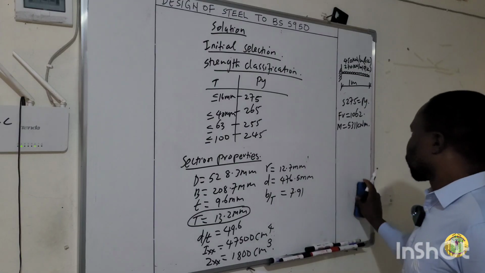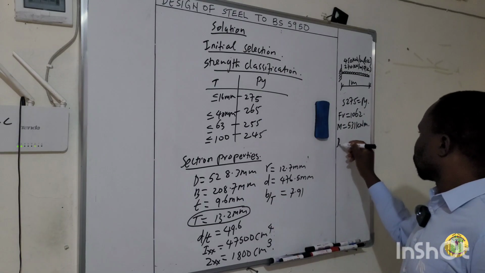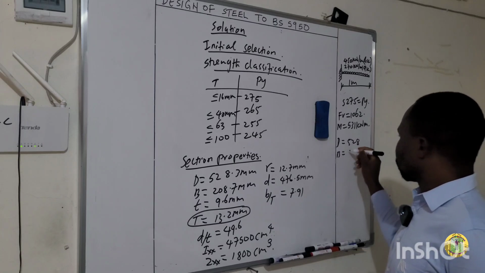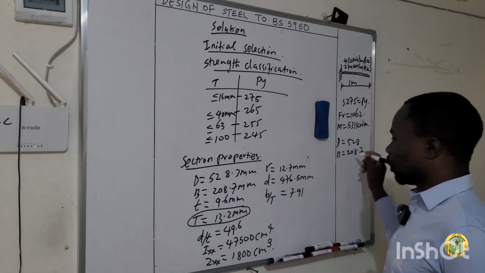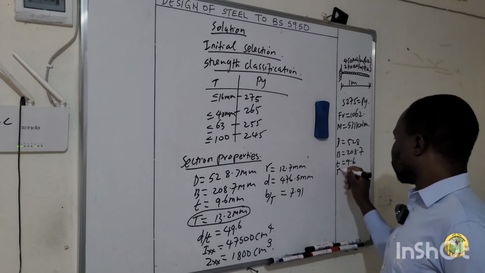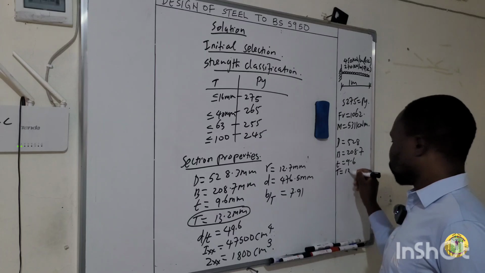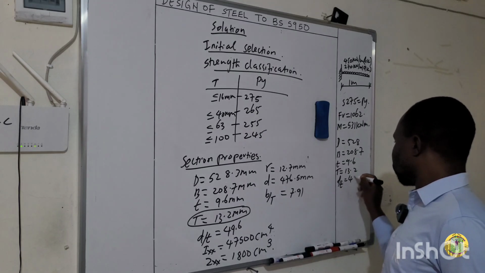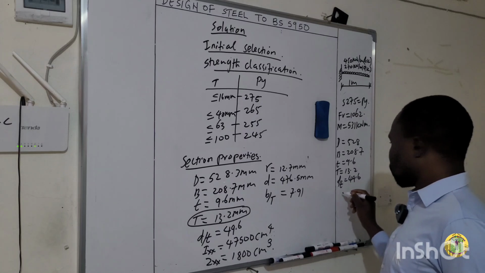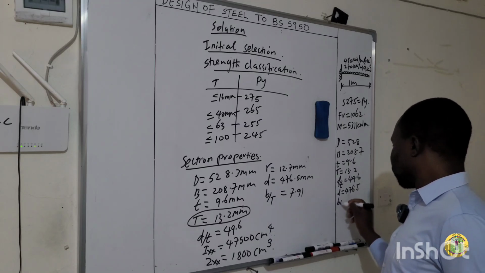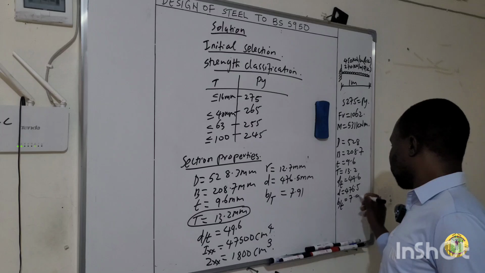So our T here is 13.2. We can write this here. So D is equal to 528. B is equal to 208.7. T is equal to 9.6. Capital T is equal to 13.2. D over T is equal to 49.6. Small d is equal to 476.5. B over T is equal to 7.91.